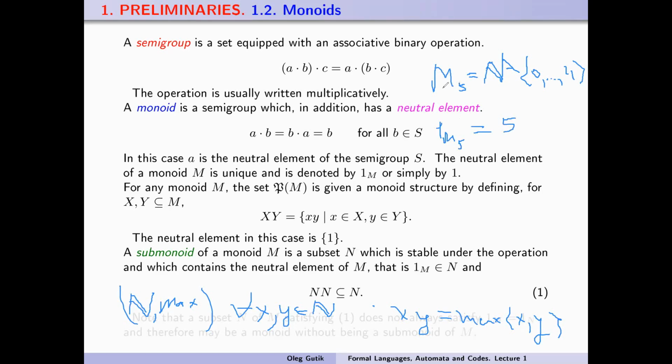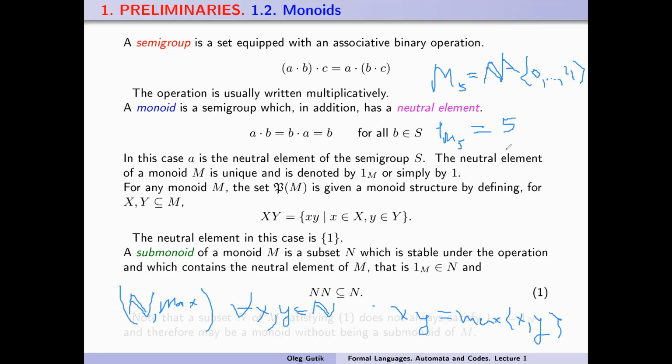Because if you consider any element x of M5, 5 multiply x is equal to x, or x multiply 5 is equal to x, because 5 is equal to or less than any element of M5. But what we have is that the unit element of M5 is not the unit element of N maximum, yeah?